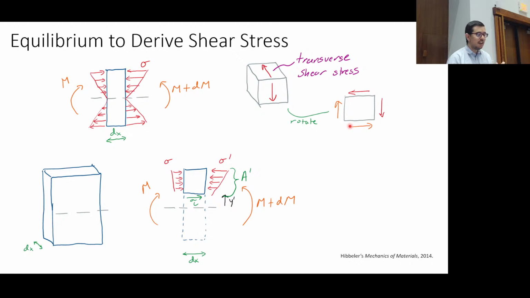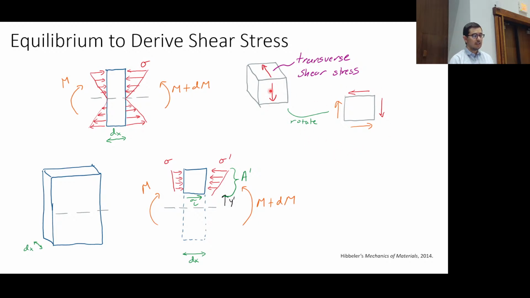Okay, yeah, let's look at this. Remember what we said? If we go back, this face was on this face, right? So this is an element taken out of there. We said there was a V coming downward, and there was going to be some average shear stress on this face. There have to be four shear stresses.